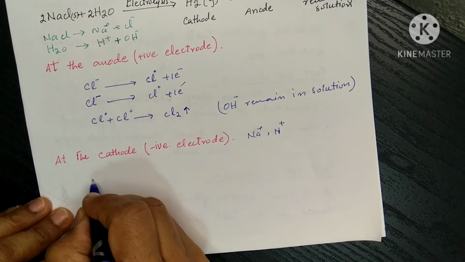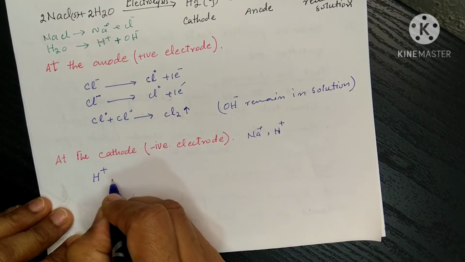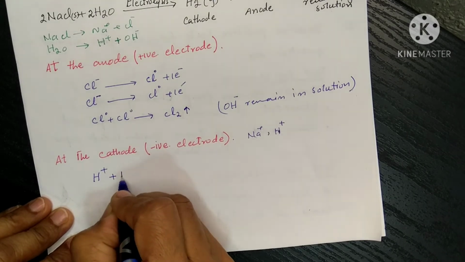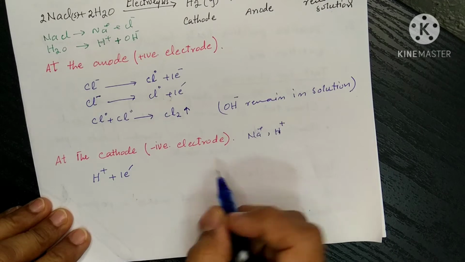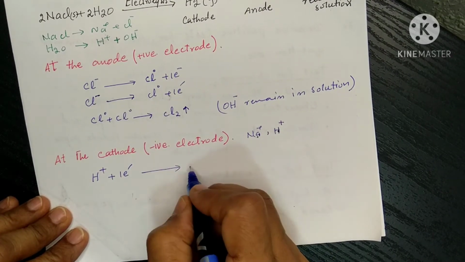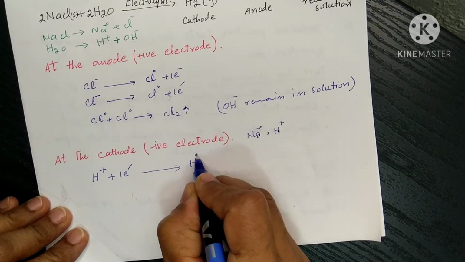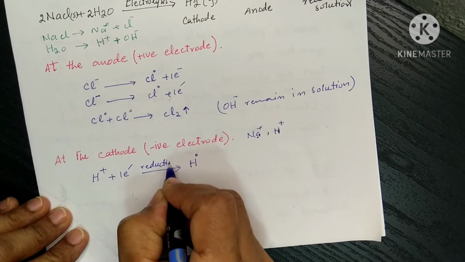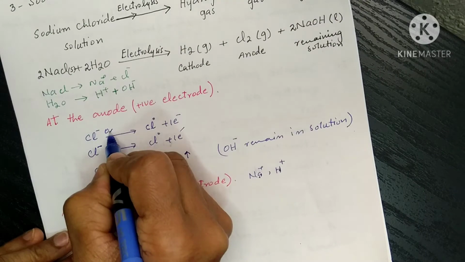And the reaction at the cathode will be like this. Hydrogen ions will reduce by gaining the electron, and they will reduce into a hydrogen neutral atom. This is a reduction process, while the anode reaction is an oxidation process.